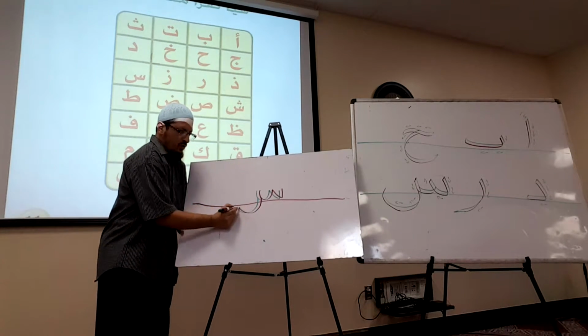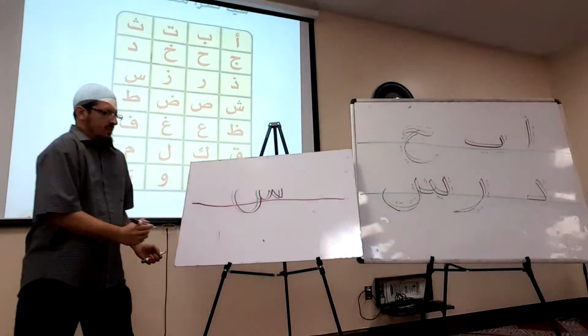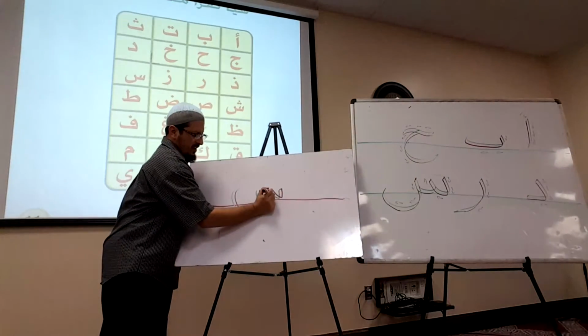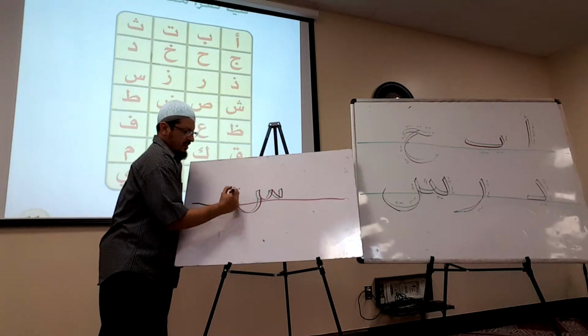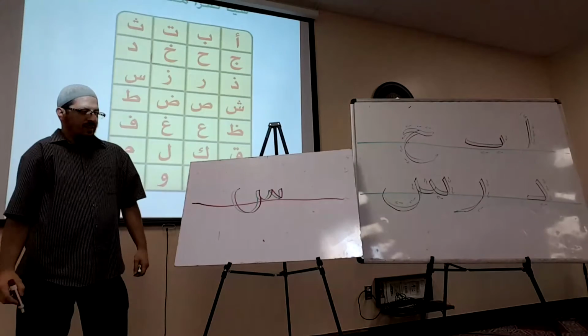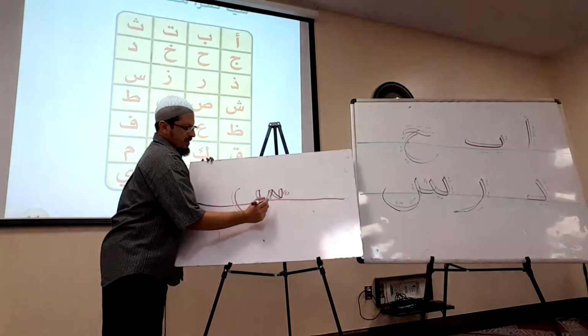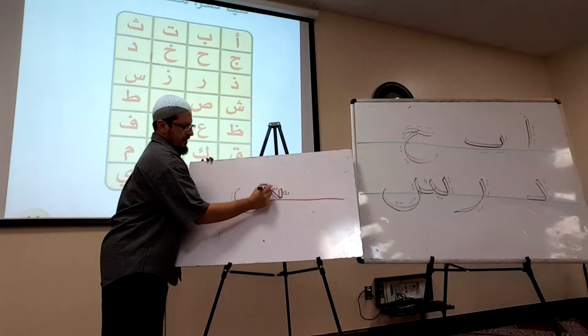Then the last part is like a noon shape. So if I say wajhun mushriq, the scene starts from the right to the left. This is first. Then this is second.